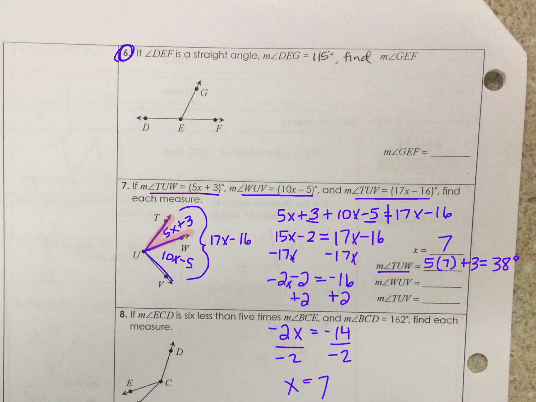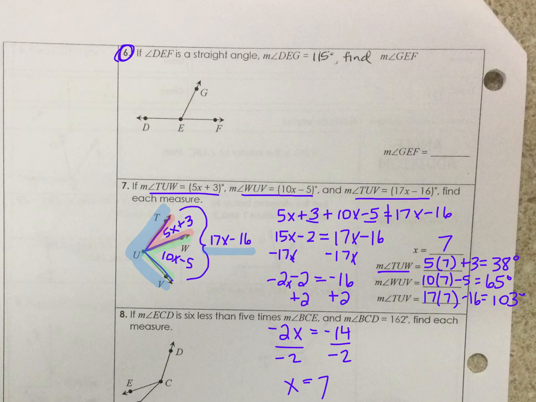We'll do the same thing for the next angle. 10 times 7 minus 5 equals 65. And then we'll do it for the whole thing, which is that 17 times 7 minus 16, and that one is 103.